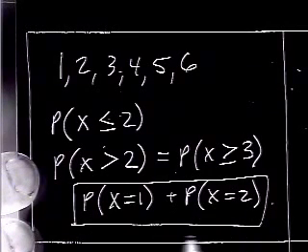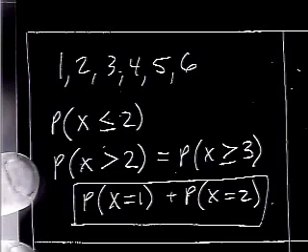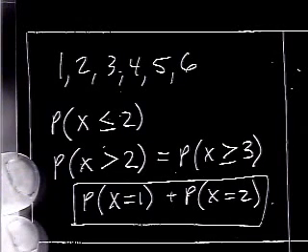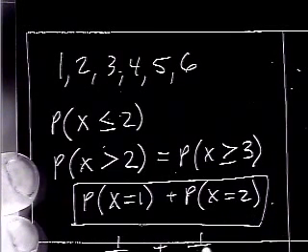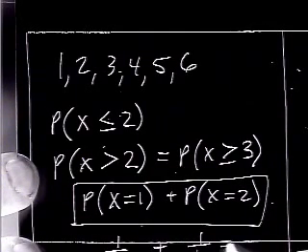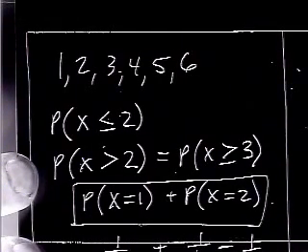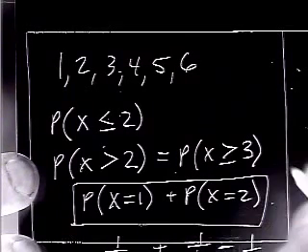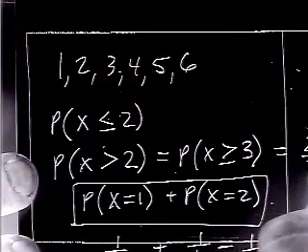So once you figure out these two things, the probability of rolling a 1 is 1 out of 6. The probability of rolling a 2 is 1 out of 6. So the probability of rolling a 1 or a 2 is 2 out of 6, or 1/3. That must mean that the complement would be 2/3.